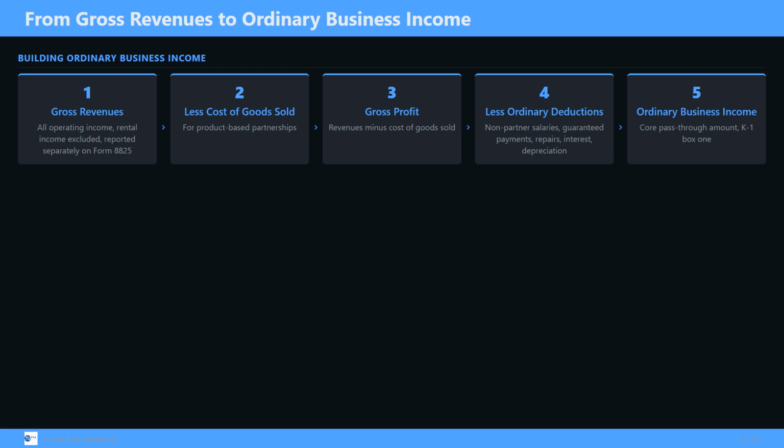Then subtract ordinary deductions: salaries to non-partner employees, guaranteed payments to partners for services or capital use, repairs, bad debts, rents, taxes, interest subject to Section 163(j), and depreciation. What is left is ordinary business income or loss, reported on each partner's K-1 Box 1 according to their profit allocation percentage.